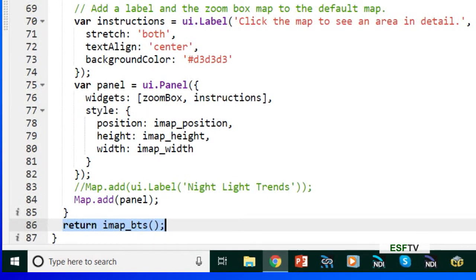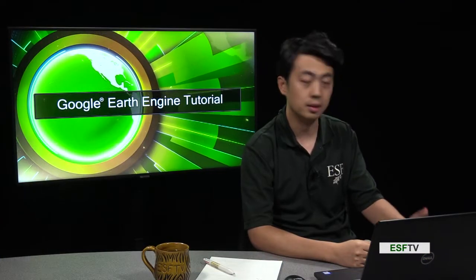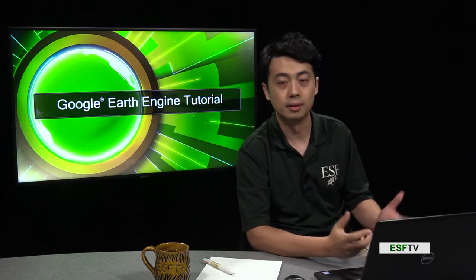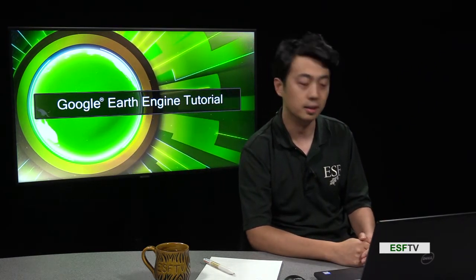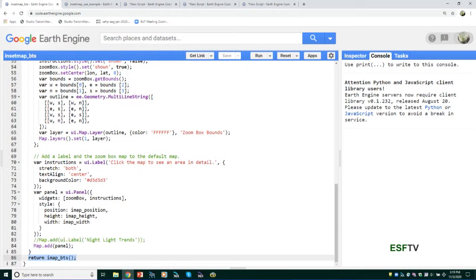That is the return function. So whenever you are writing a function, always remember to add this return function in there. Otherwise, you will be seeing nothing but just lines of code inside of your script.